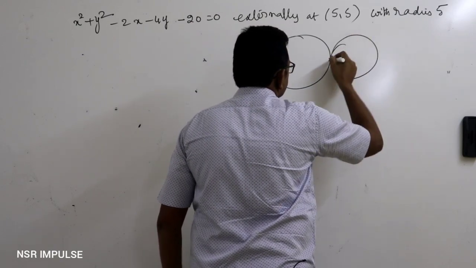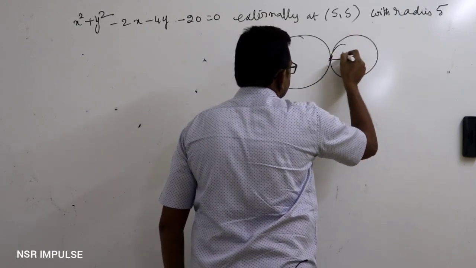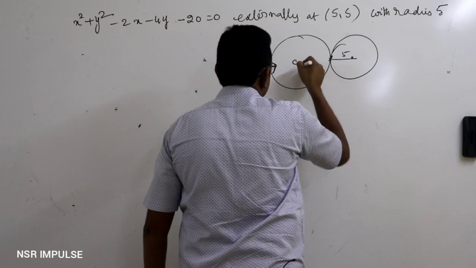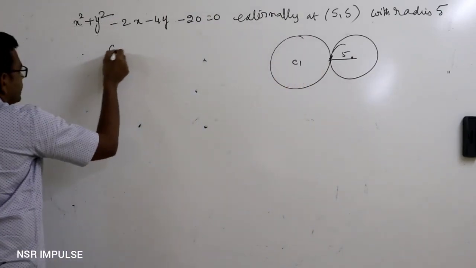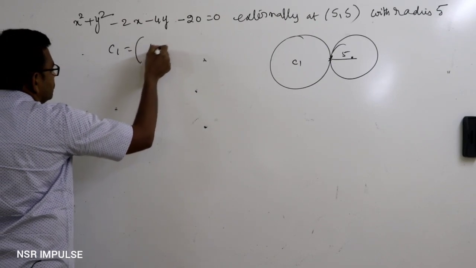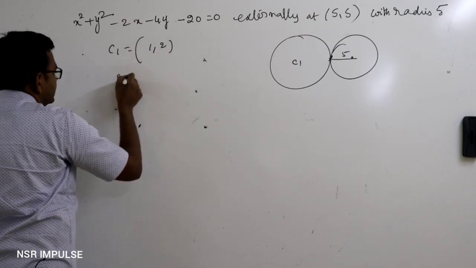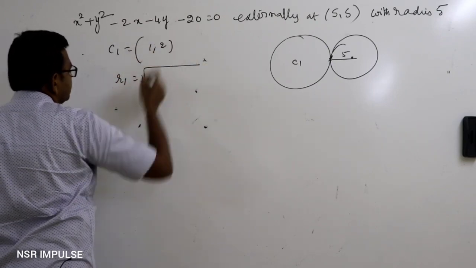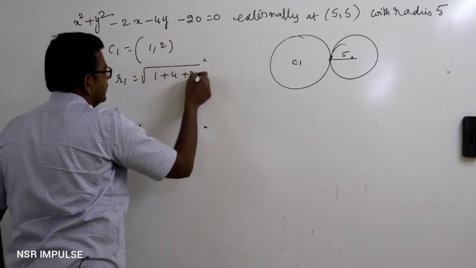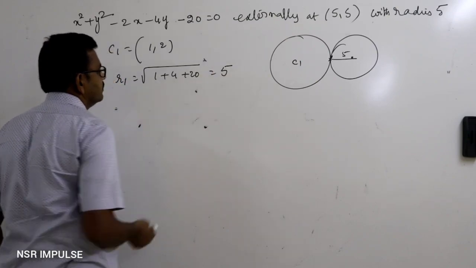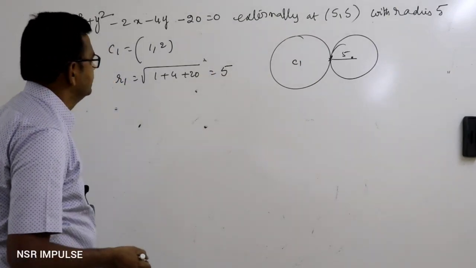The radius is 5. Radius of given circle, this is 5. Now this is C1. C1 is equal to 1 comma 2. Radius R1 equal to root of 1 plus 4 plus 20, that is 25, which is 5.